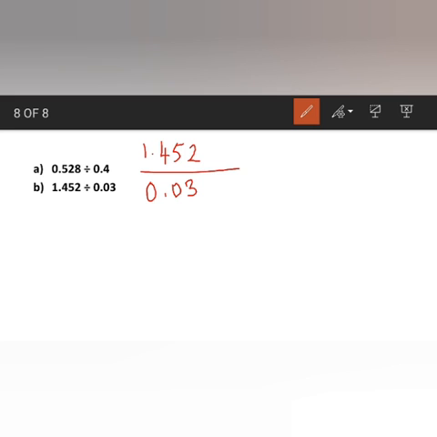So we have to multiply by 100. So we'll multiply the dividend also by 100. So what we have to do here is, we have to move the decimal point 2 places to the right. So this will be between 5 and 2.